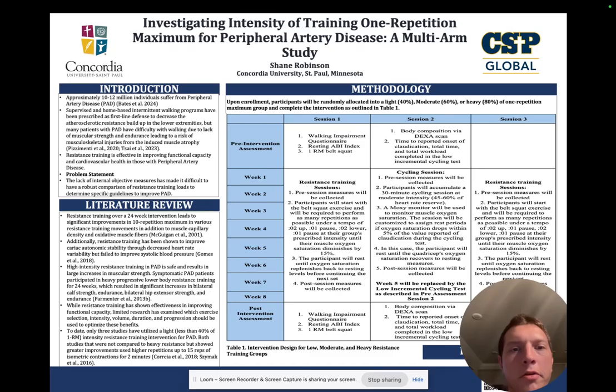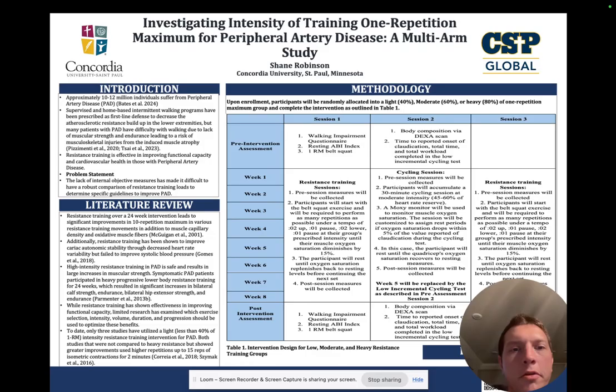But also in the literature, a lot of these patients with PAD also have hypertension and diabetes, and heavy resistance training requires a lot more mechanical tension. There have been some long-term findings of a potential for developing increased arterial stiffness, and other things that can happen from doing nonstop, high frequency, heavy resistance training.